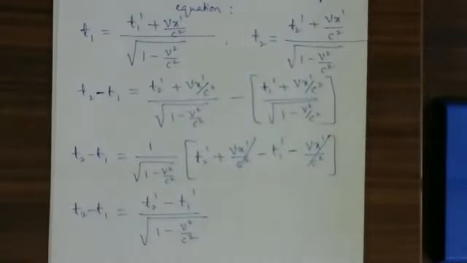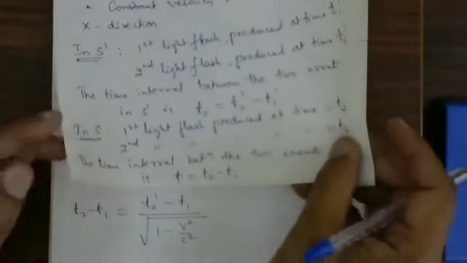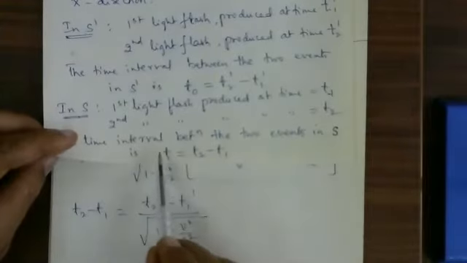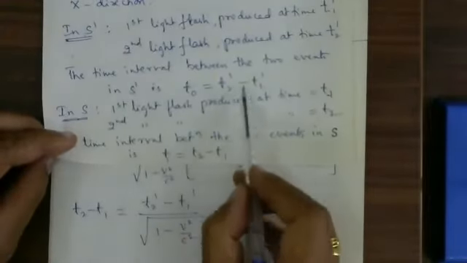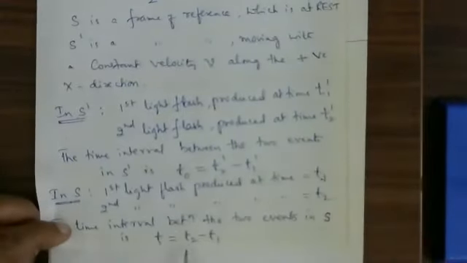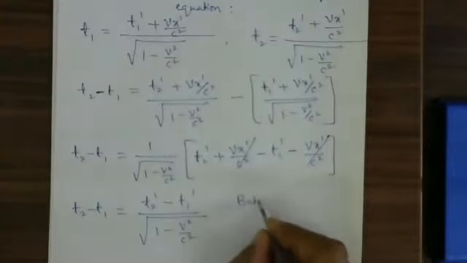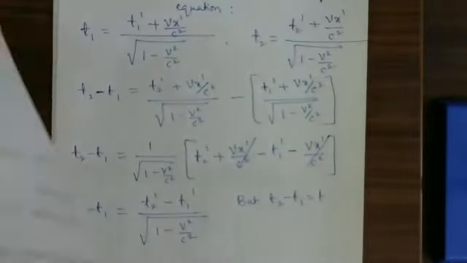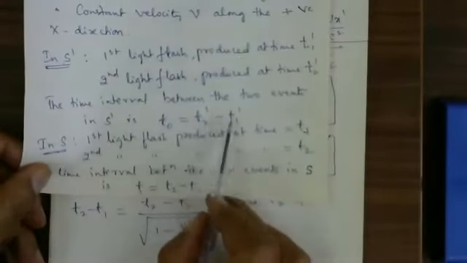Now let us go back to the previous page, the previous page concept. T2 minus T1 is equal to T. And T2 dash minus T1 dash is equal to T naught.